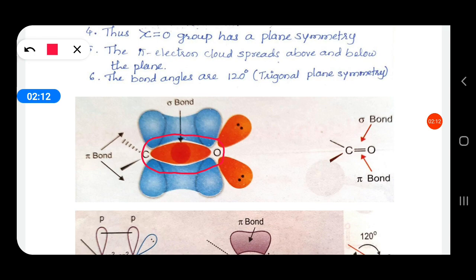Both carbon and oxygen have one unpaired pz orbital which is perpendicular to the plane. These pz orbitals overlap laterally, sideways, and form a weak bond called the pi bond.